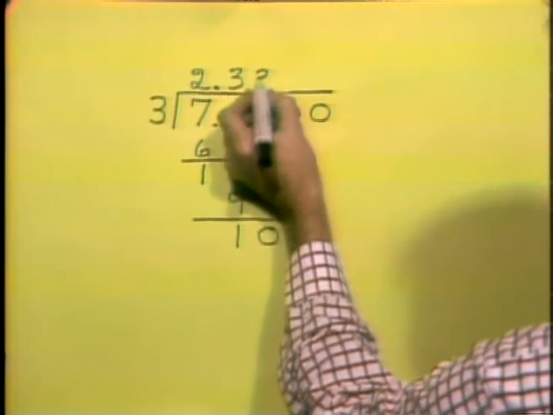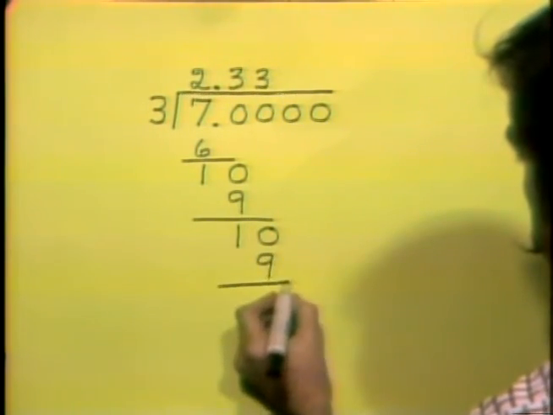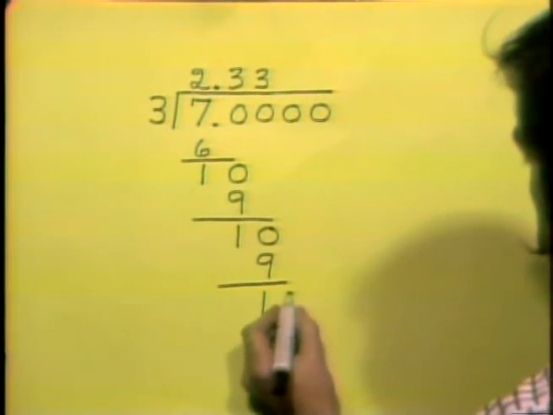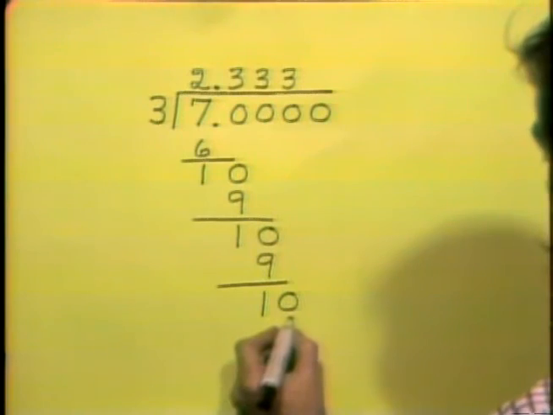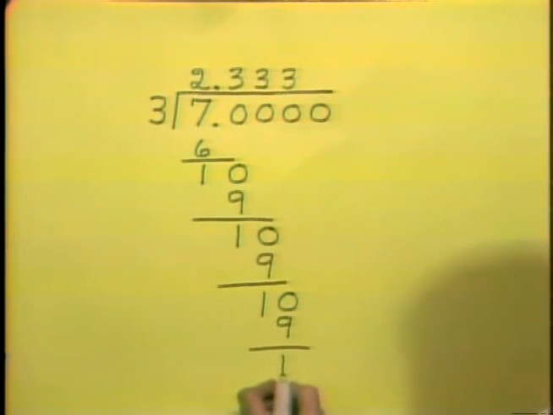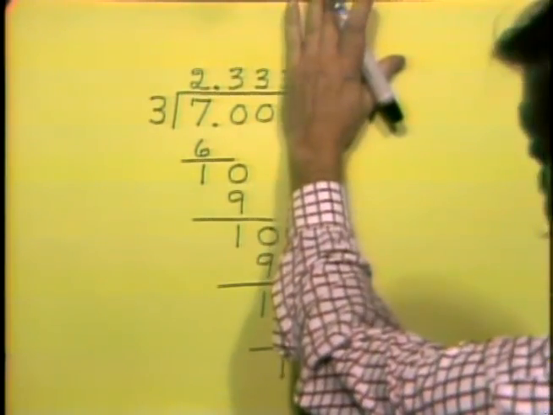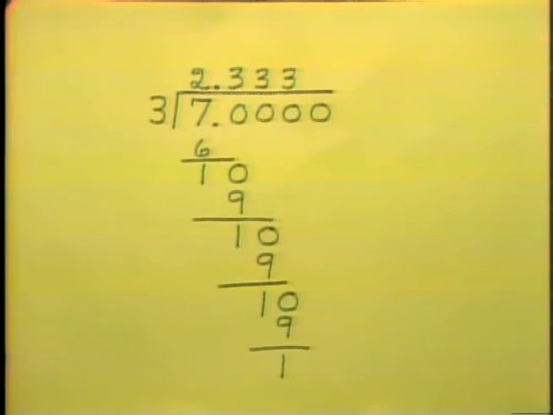Repeat the process. 1 more 0. By now you may recognize that you're into the repeating pattern. It's nothing more than a whole string of threes. We were asked to give the answer correct to 2 decimal places. So it's 2.33. In the next tape, you'll learn about changing fractions to decimals, and you'll find yourself doing this kind of job all the time.